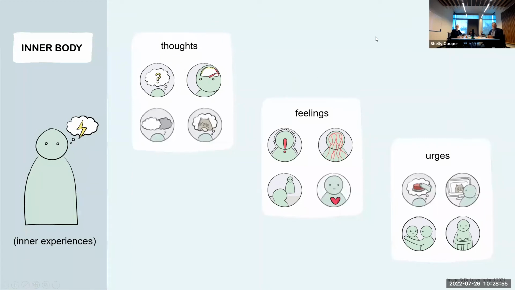So the second lens is on our inner body, which is our invisible inner experiences, including thoughts, feelings, and urges. Urges are things that we want to do, but we may or may not end up acting on. And the reason why it's important is because, as much as I talk about three different bodies, we can't actually separate them.